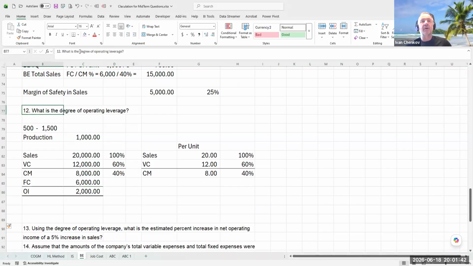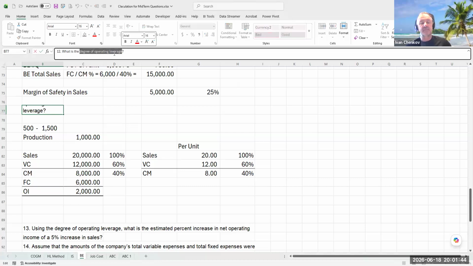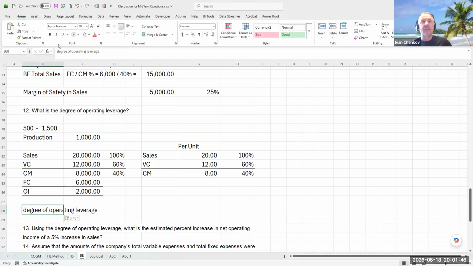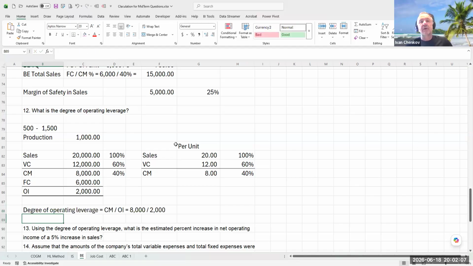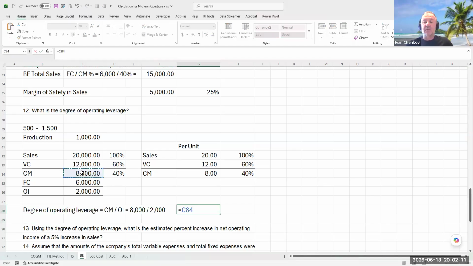So our degree of operating leverage simply will be equal to contribution margin divided by operating income. In our case, it's going to be $8,000 divided by $2,000. So how many times does the contribution margin move to the operating income? That will be 4 times.